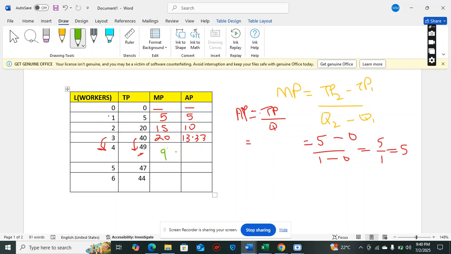Average product, total product 49 divided by 4. What is 49 divided by 4? 12.25.